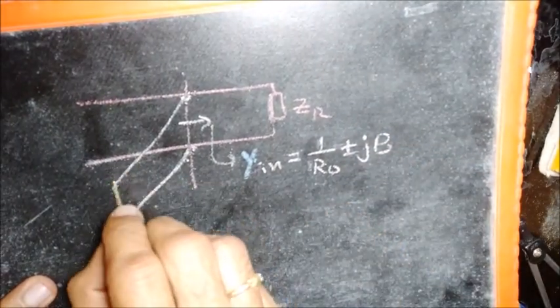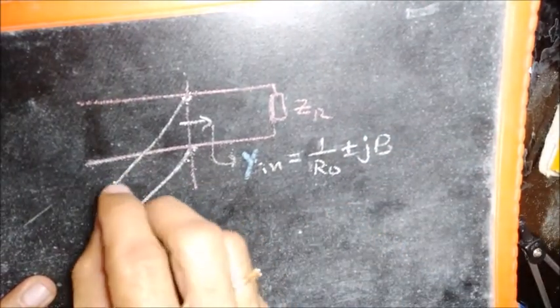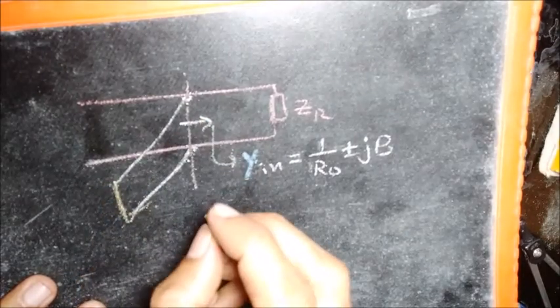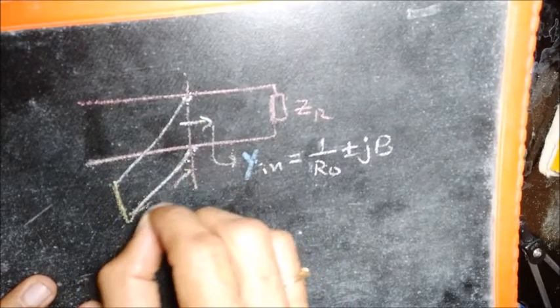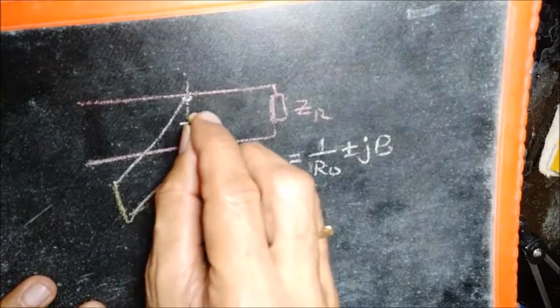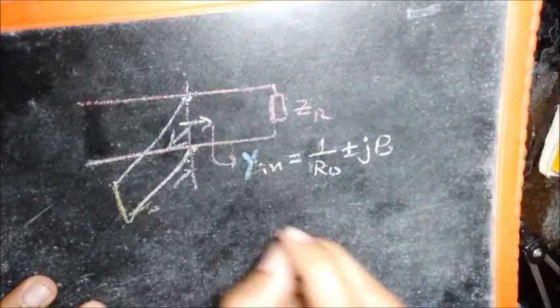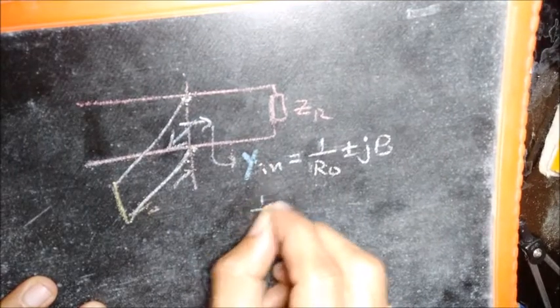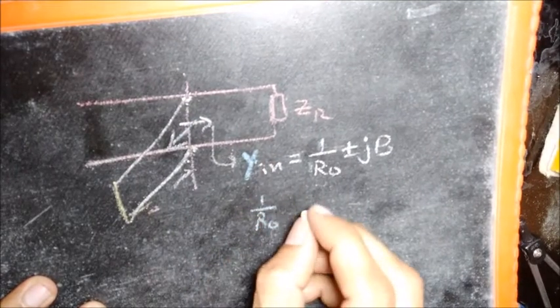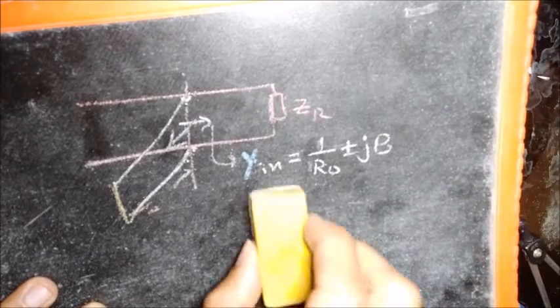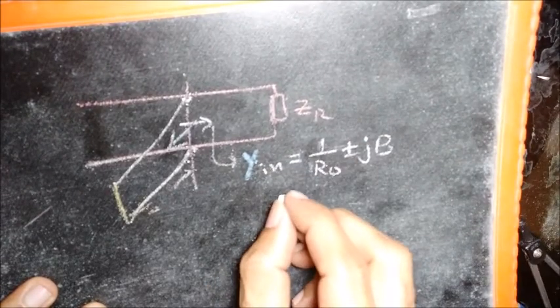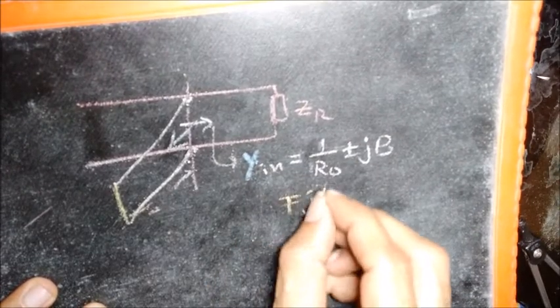And then we connect a short circuited stub of sufficient length such that the admittance of the short circuited stub is minus or plus JB.